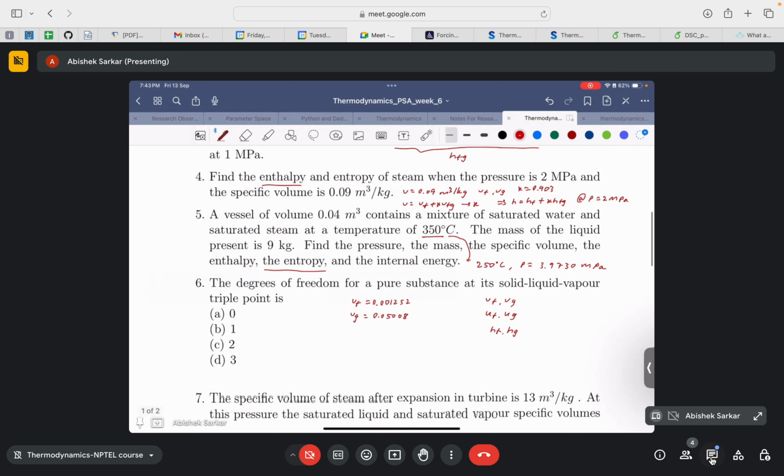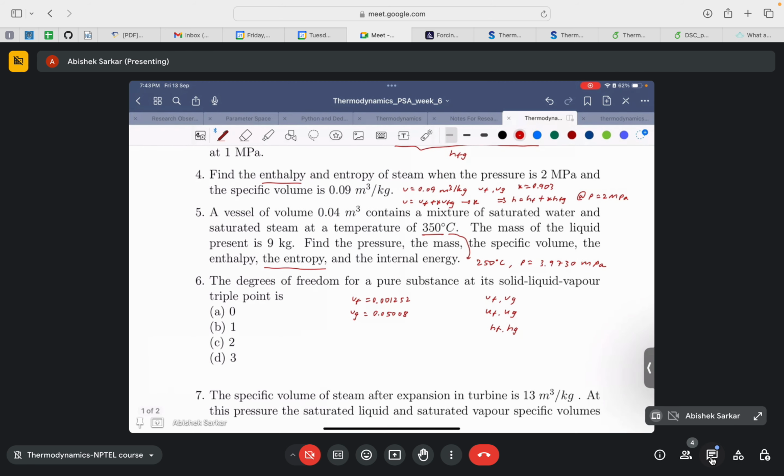So now from this, one thing you can do is find the volume of the liquid, right? How? Vf would be the mass of the fluid into the specific volume of the fluid. So the mass of the fluid is 9 kg, right, into 0.001252. So can you tell me what you get? The volume of the fluid, capital Vf.